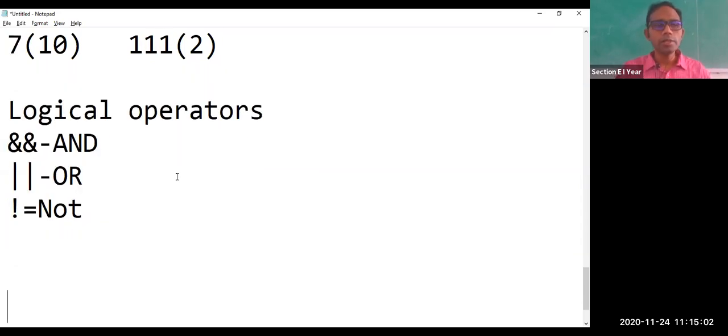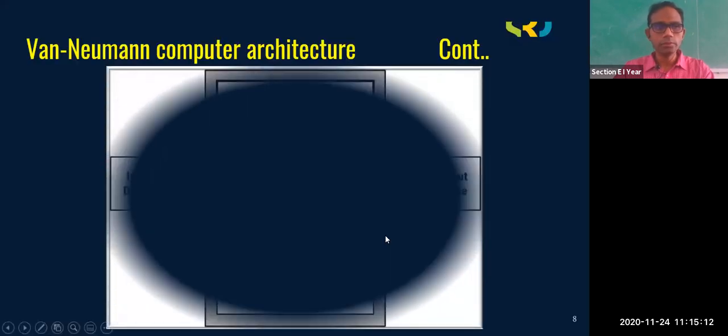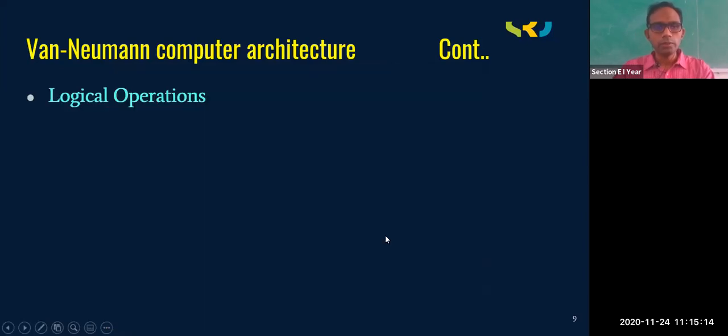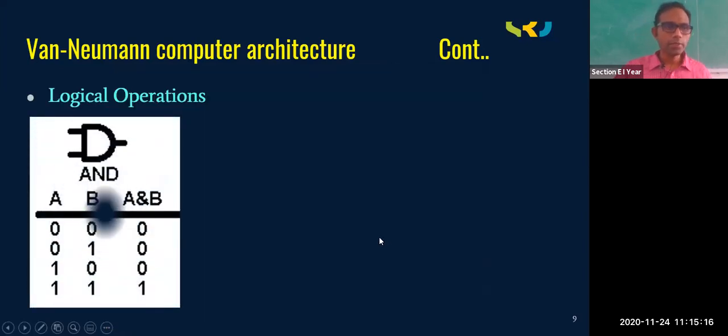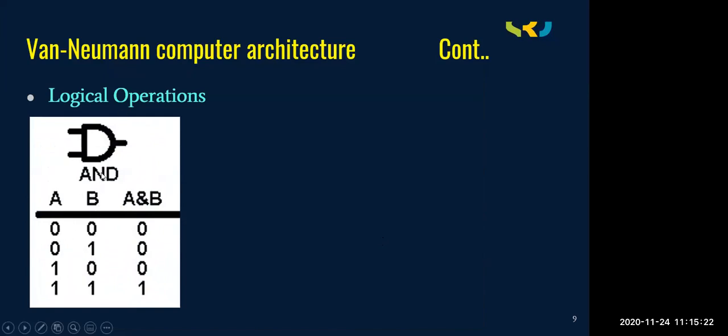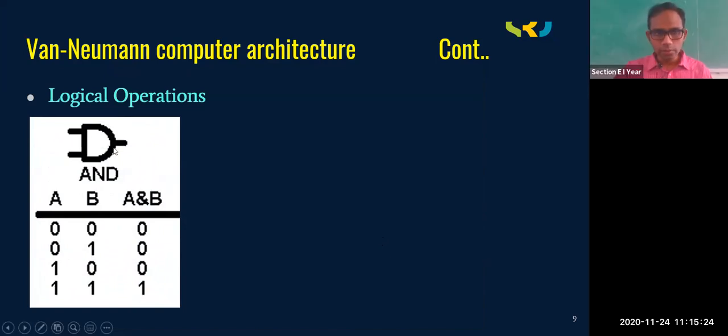Coming to logical operators, the first one is AND. Is it visible? Yes, sir. This is the electronic symbol. In the second year, you may be studying this symbol.